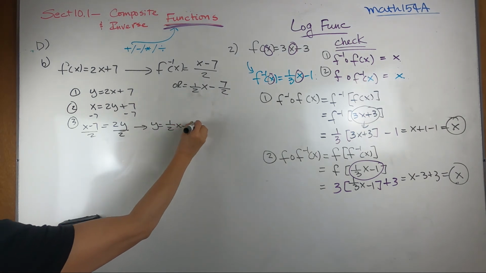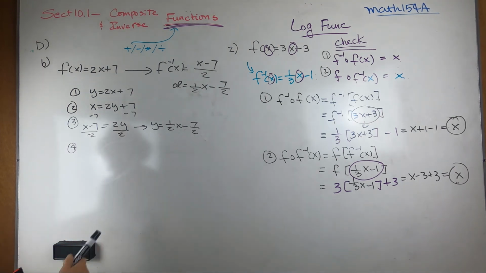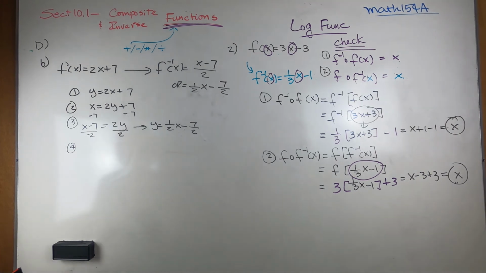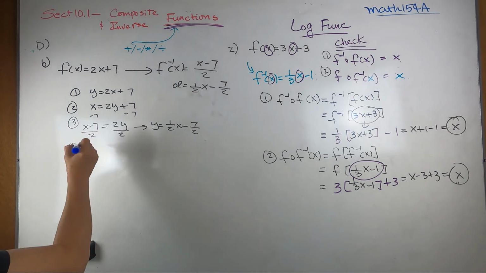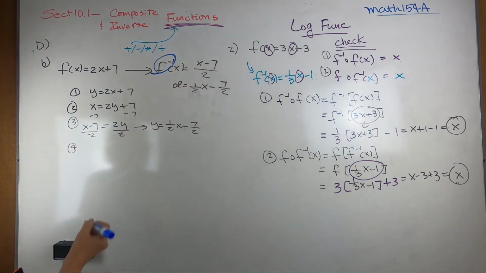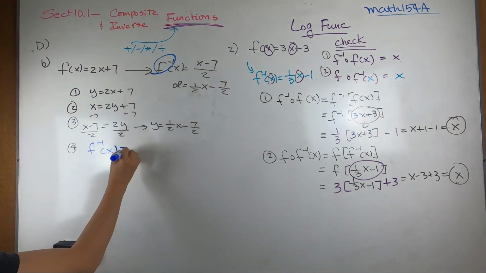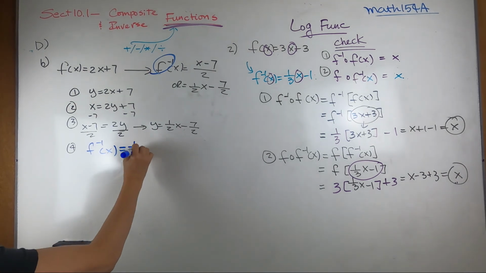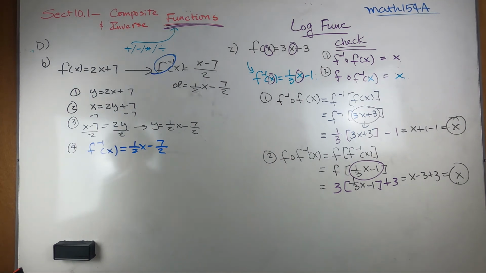Half x minus 7 halves, right? If you leave it there, then you will get a 1 point deduction, right? Because what was the question? Find the inverse. You have to show where your inverse is. With proper notation, that would be this guy, right? Would be half of x minus 7 halves. Okay?